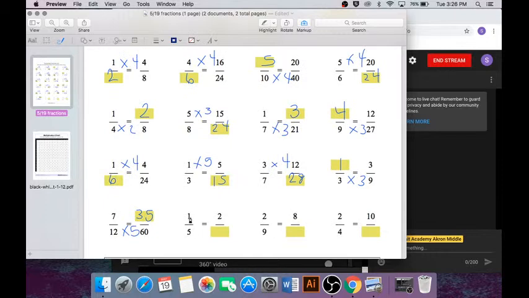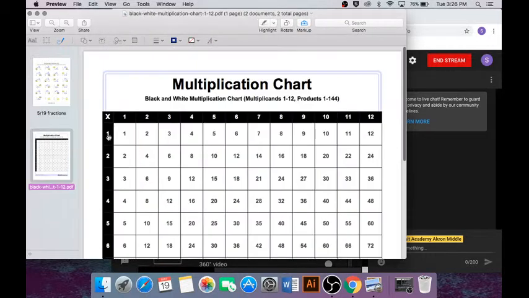Alright, here we have our numerators. So we have 1, and we need to see 1 times what will give us 2. So in our 1 times table, right here is 2, and we can see 1 times 2 is 2.